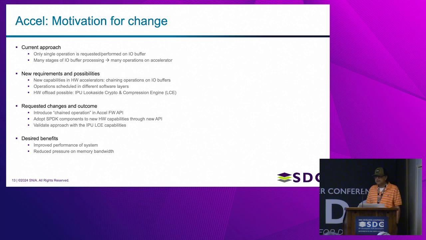And we validated this approach with the IPU LCE capabilities. So whatever I am talking about, it is not just proof of concept or even early prototyping. This is in production with Google and available for consumption with any new customer. This provides improved performance and reduced pressure on the memory bandwidth.